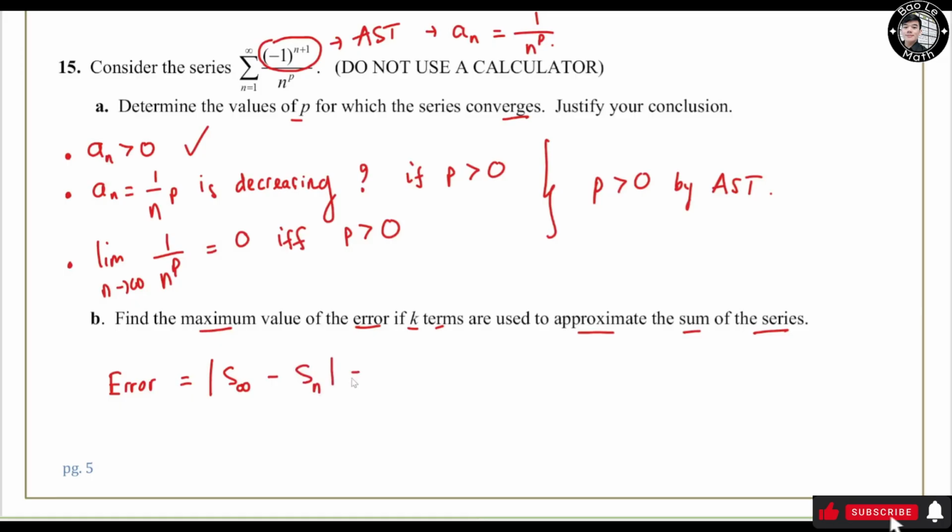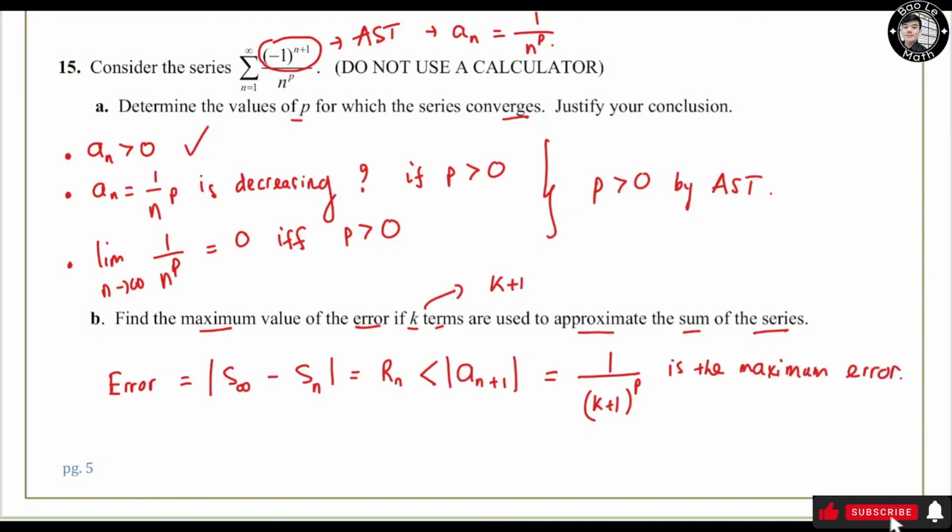This is the remainder, and it should be less than the first omitted term, which is the absolute value of a sub n plus 1. Now, the first omitted term is the k plus 1 term, so it's going to be 1 over, instead of n, k plus 1, raised to the p. And this is the maximum error.